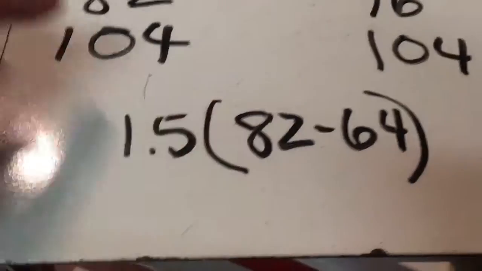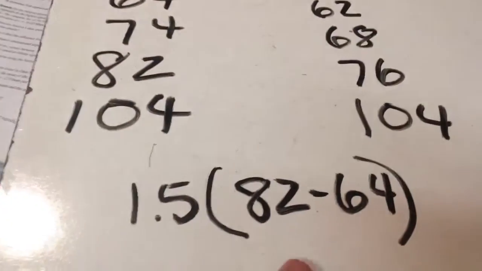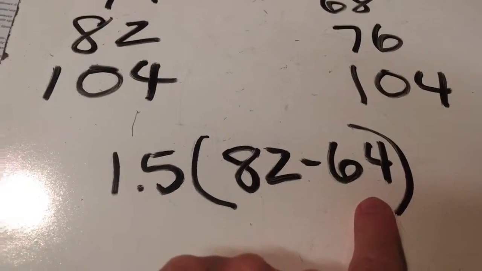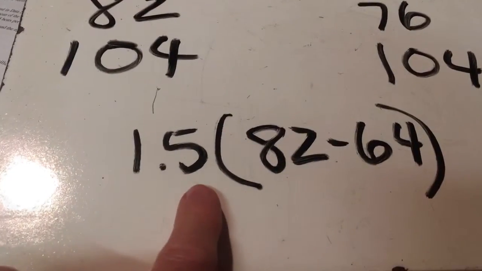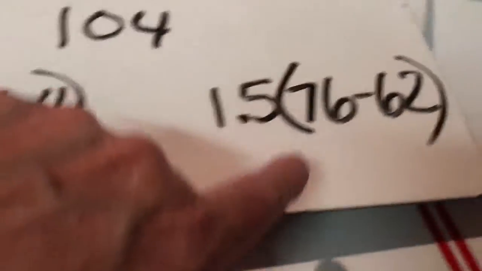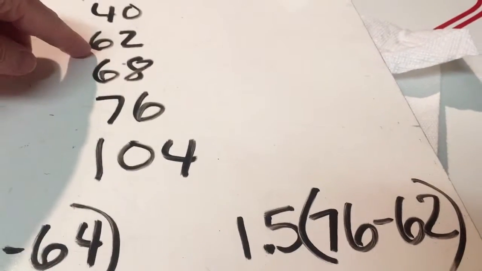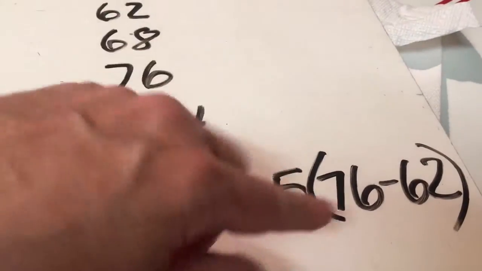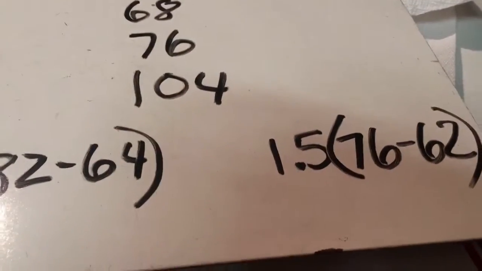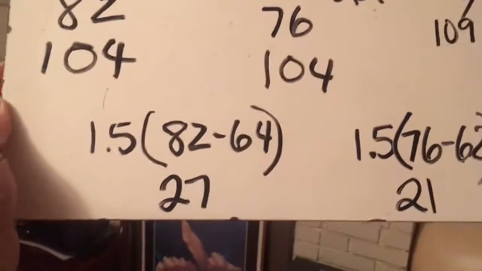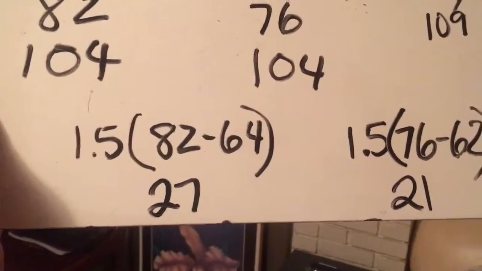The first set of data here, we have 82 minus 64 is my interquartile range, and 1.5 times that. I'm doing the same thing over here. So I have 76 minus 62 is my interquartile range times 1.5. So let's get those numbers. On the left, I ended up with 27.